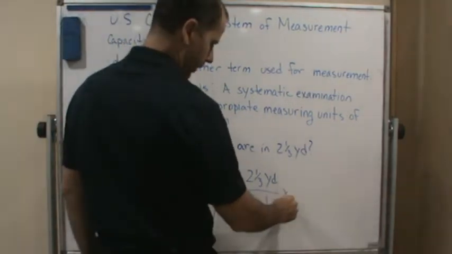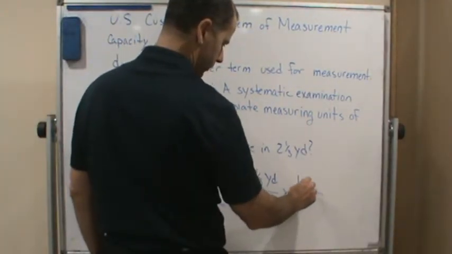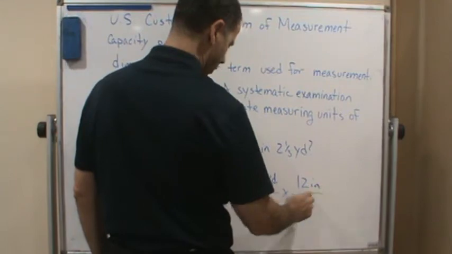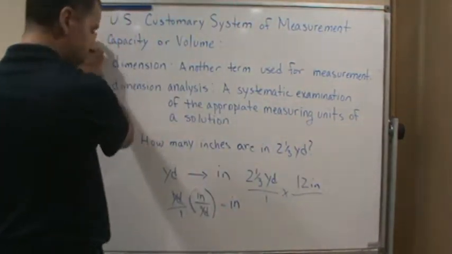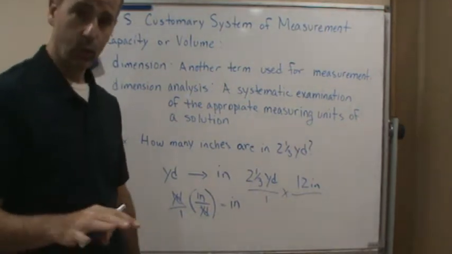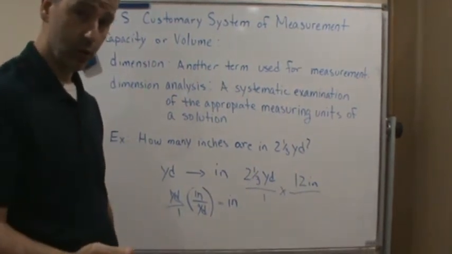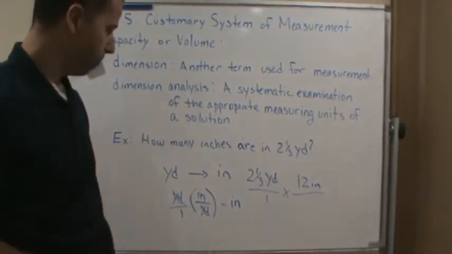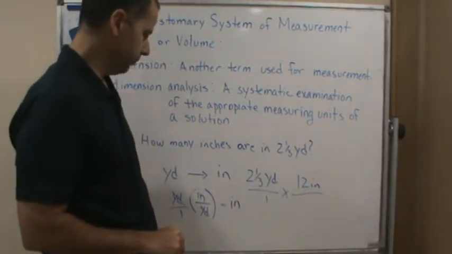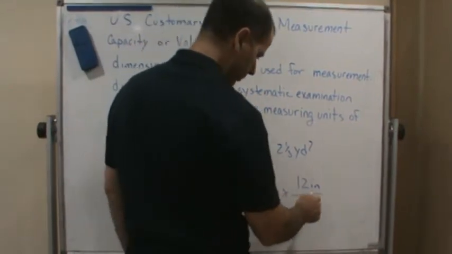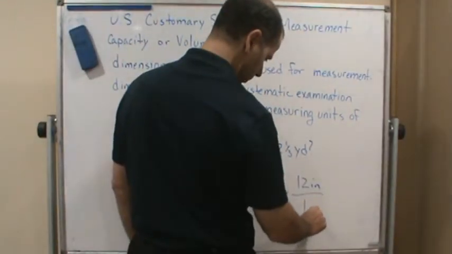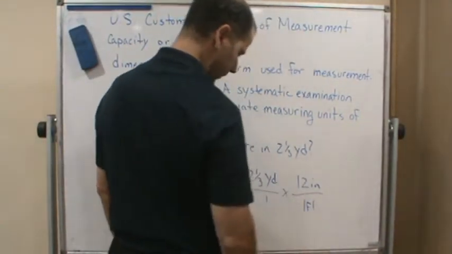Actually, sometimes we'll have to use more than one conversion factor to get it. So let's use this: we know there are 12 inches in a foot. This will work out fine.